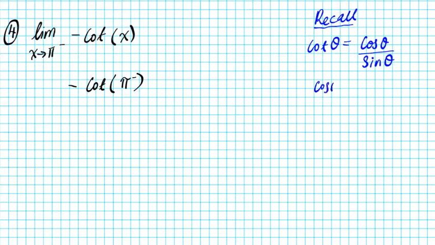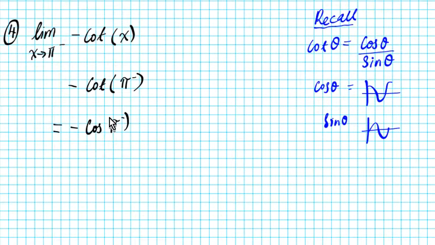You also have to remember that the cosine theta graph is your little cups, and your sine theta graph is your s's. Bam. So we're going to reduce this into negative cosine pi from the left divided by sine of pi from the left, because cotangent is cosine over sine.